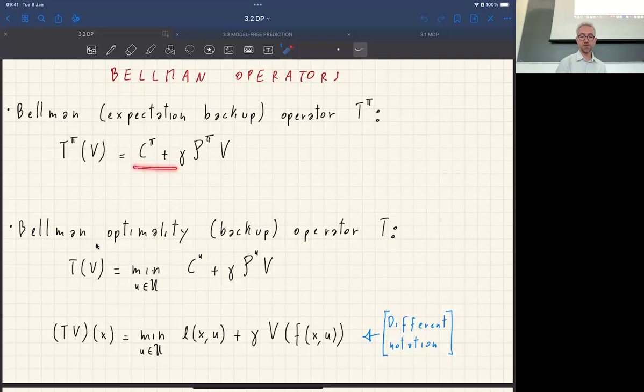And if you remember, this expression is very similar to the one we have seen before. When we defined the value function in the Markov chain, we said that the value functions should satisfy this expression here.